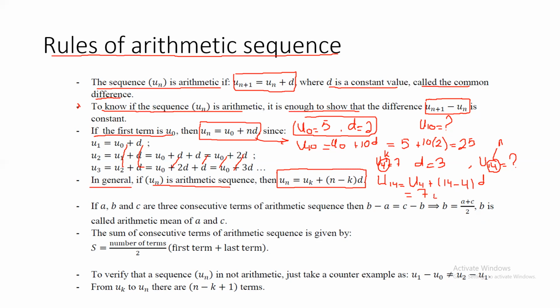Plus 14 minus 4 is 10, d is 3. Equals 37. This line is not necessary.